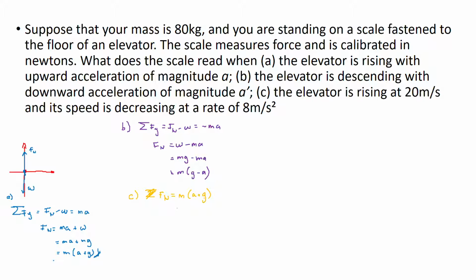Okay, so from here we know that the mass is 80, gravity is 9.81, but the acceleration, as we're just decreasing the velocity, is negative 8 meters per second squared. That's why it's negative. So let me do the math for this. Just hold on a second.